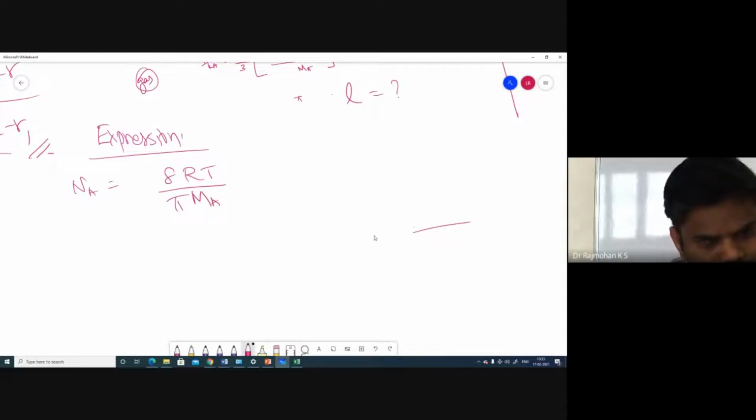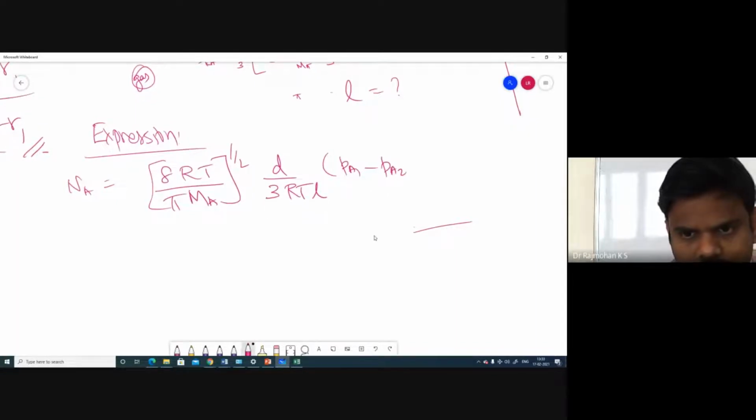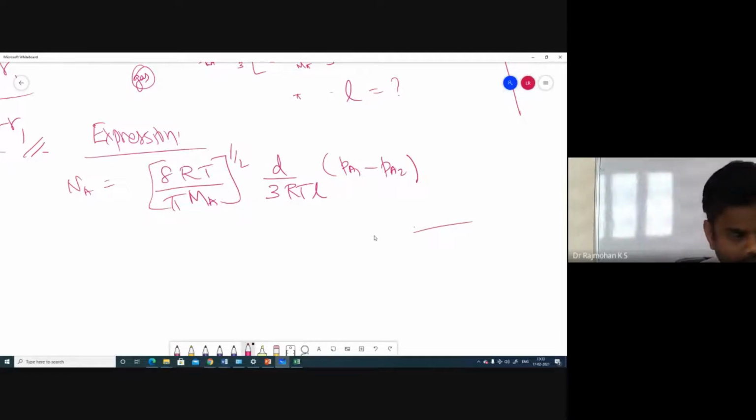N_A equal to square root of 8RT by pi M_A, multiplied by d by 3RTL into (P_A1 minus P_A2), where d is the diameter of the pore, capital R is the gas constant, T is the absolute temperature, L is the length of the pore. In this problem, the first step is, from the given data for oxygen, we will be determining the value for L.